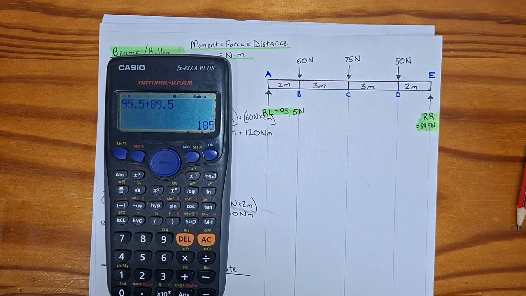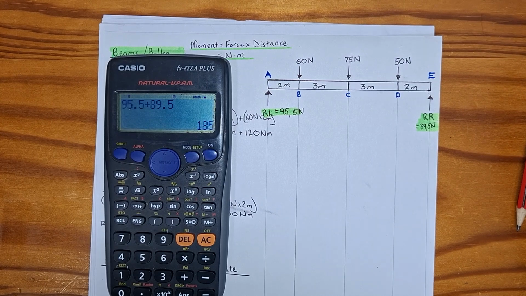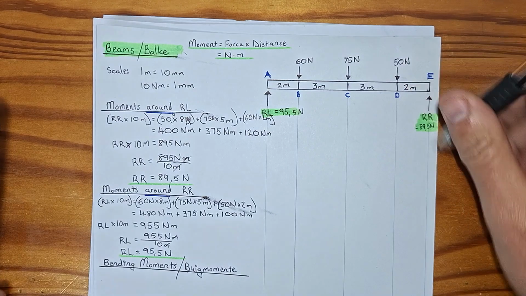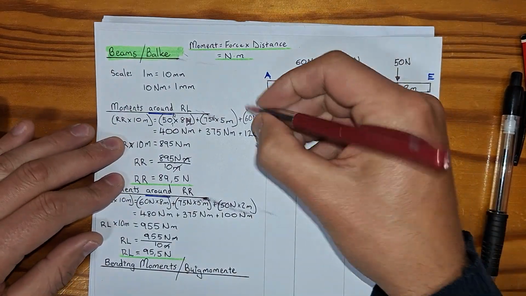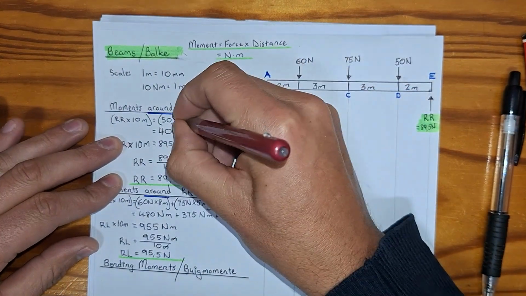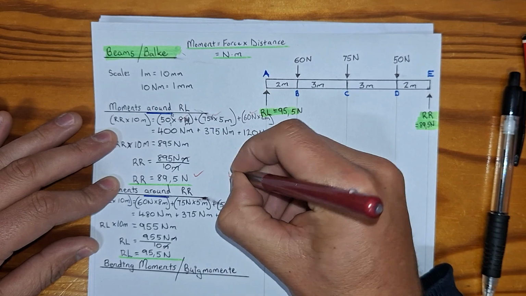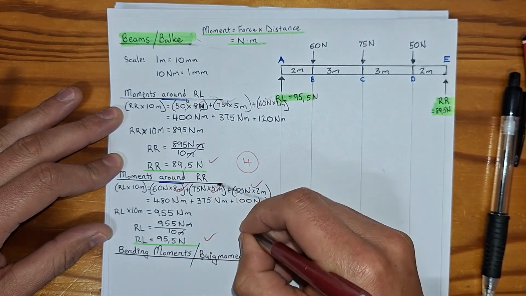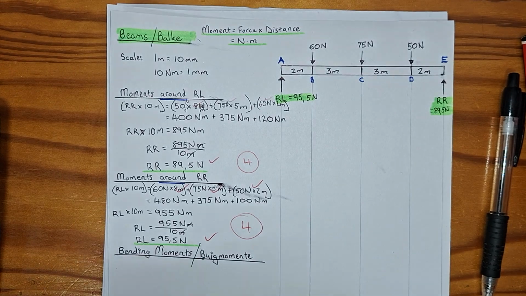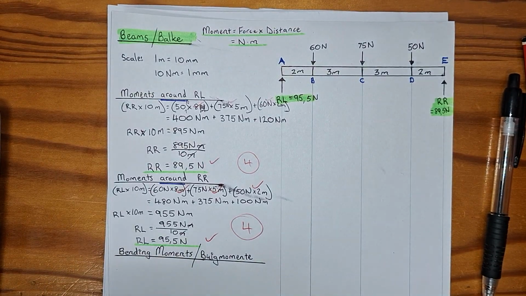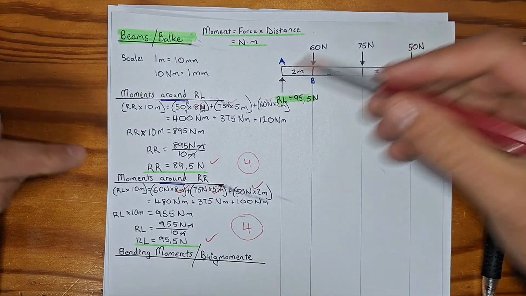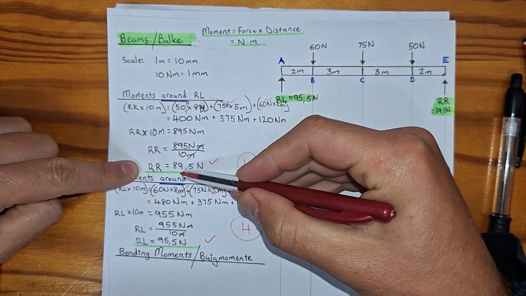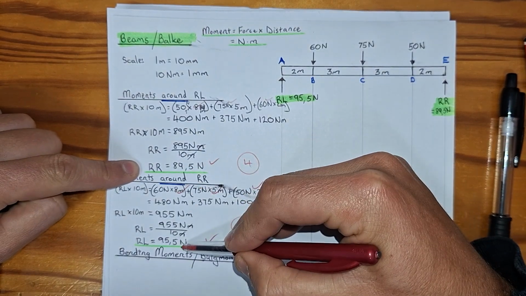So at this stage, we are guaranteed to have, let's have a look here, 1, 2, 3, 4 marks for this one, and 1, 2, 3, 4 marks for this one. You are guaranteed to have 8 marks at this stage. Just be careful that you did not swap around reaction right with reaction left.